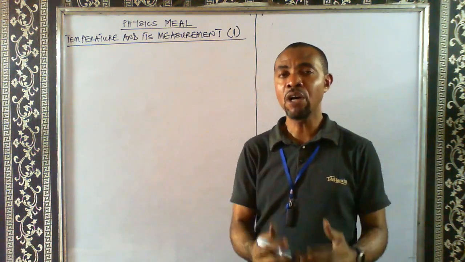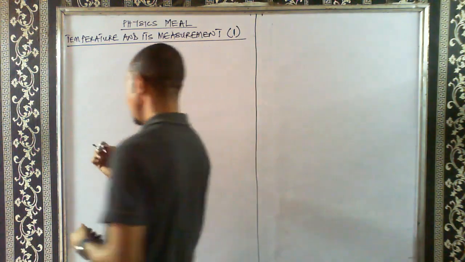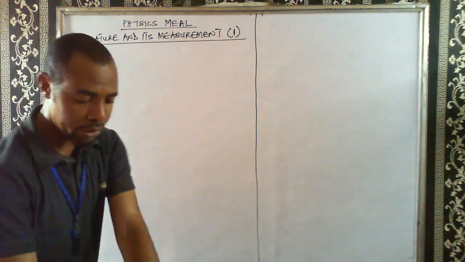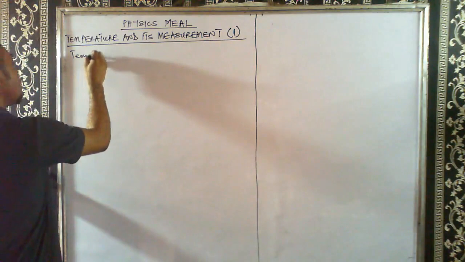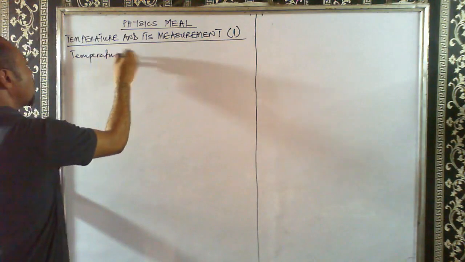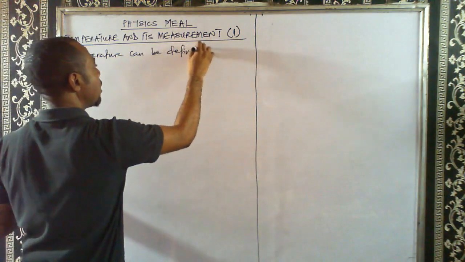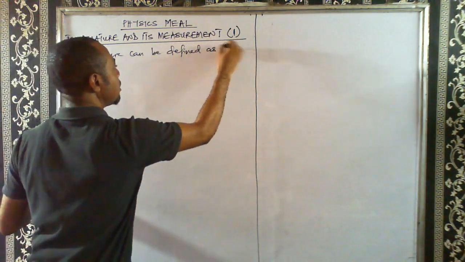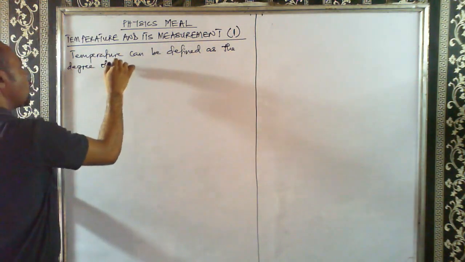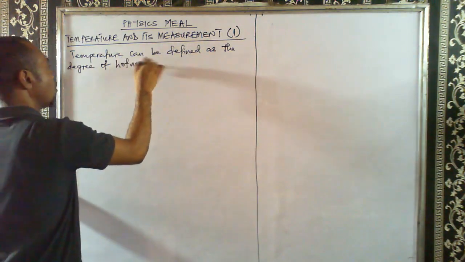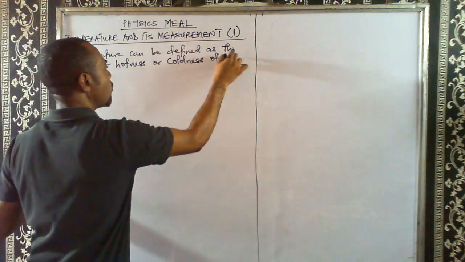How hot or how cold a body is is what we mean by the temperature of a body. So we say that temperature can be defined as the degree of hotness or coldness of a body.